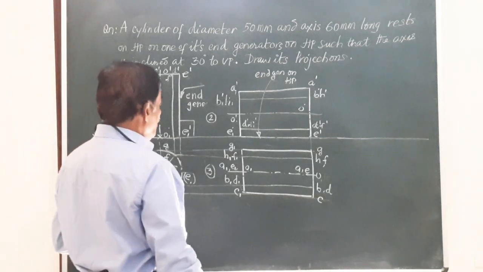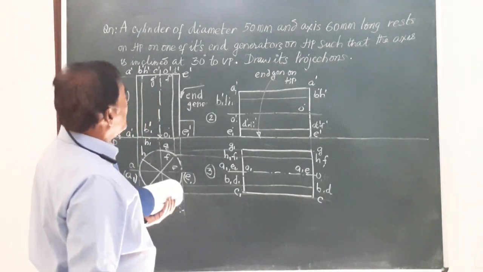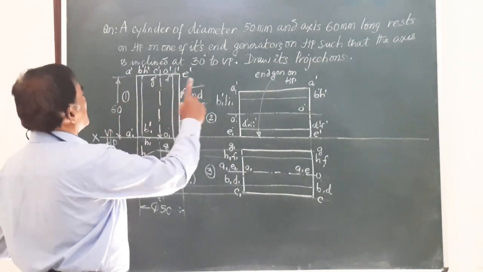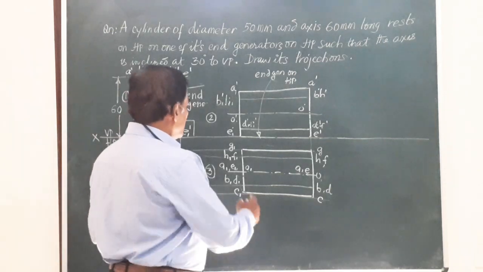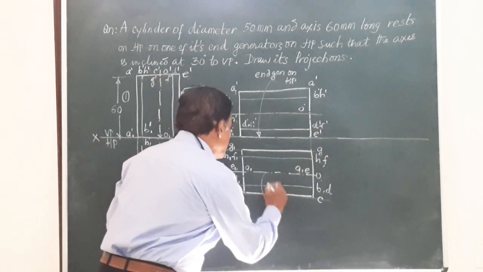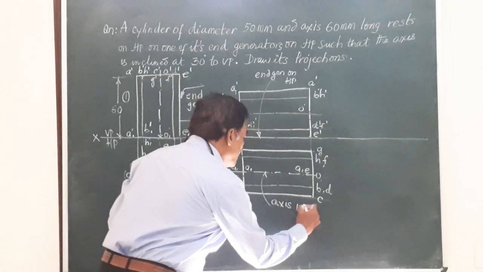Next, if you observe this figure, he says the solid rests on HP on one of the end generators such that the axis is inclined at 30 degrees to VP. What is the axis now? The axis is O1, that is parallel to XY, and I can say here the axis is parallel to VP.